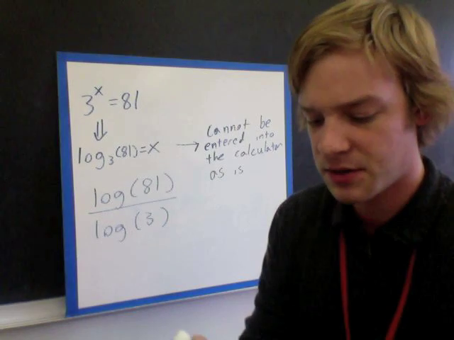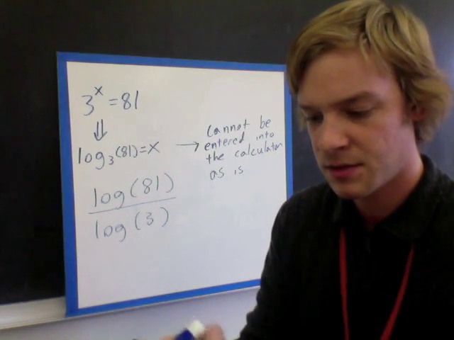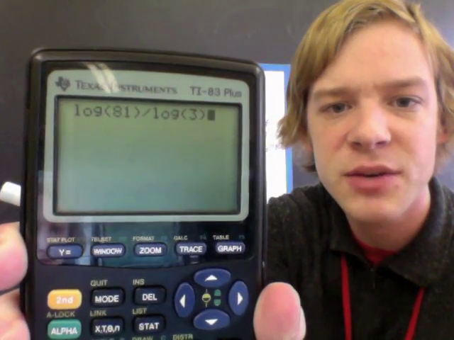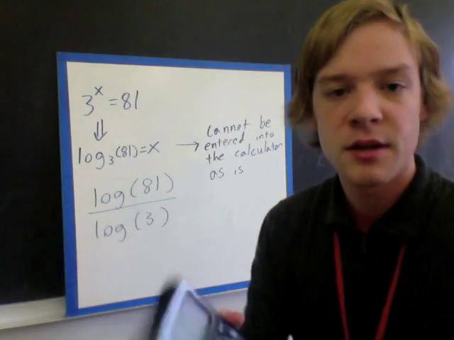In the calculator, it would look like this right here. We have log of 81 divided by log of 3, and if you hit enter on that, it'll come out to be 4.